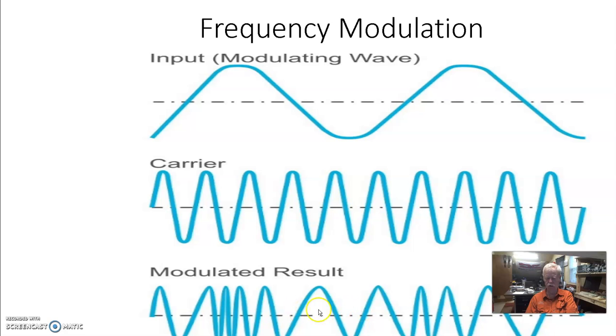We change the frequency, thus the name frequency modulation. Now to recover this sine wave, all we have to do is detect the change in frequency of our carrier wave. We do this with a circuit we call a discriminator, which essentially detects the change in frequency.